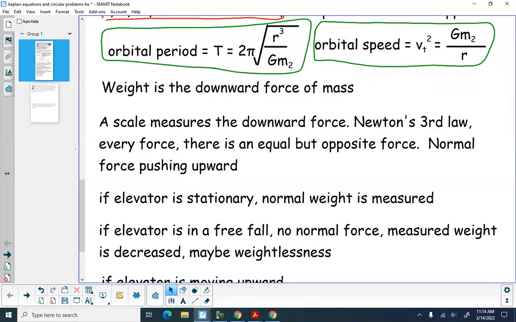The Demon Drop takes you all the way up and then lets you go, and you fall straight. Same idea. Your seat is being removed from underneath you, and you are experiencing weightlessness, because there's nothing holding you.